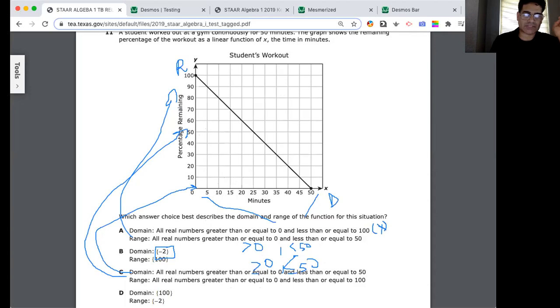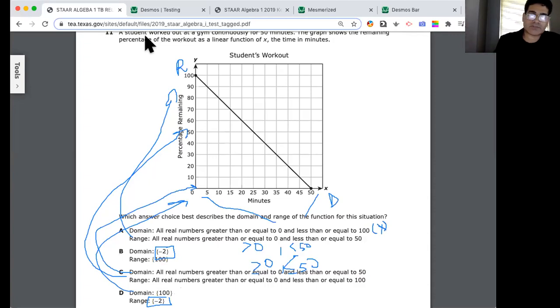And then the final one says domain 100, range -2. Again, this domain is 0 to 50, and we're not really sure what the -2 refers to. And working on Desmos is probably not going to bring me any closer to an answer to this. So I make a guess.